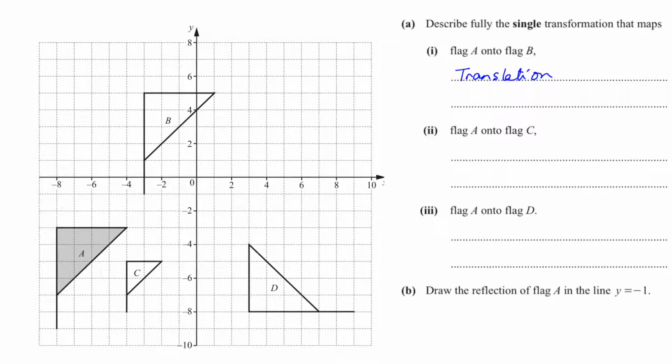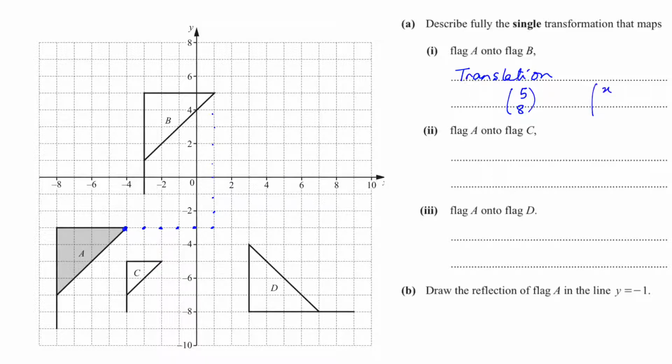Choose one point of the triangle. I'm choosing this one. And see how many points did it shift. It shifted 5 to the right. So that's a 5. And it went up by 1, 2, 3, 4, 5, 6, 7, 8. 8.